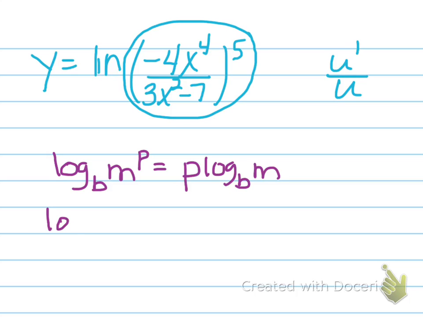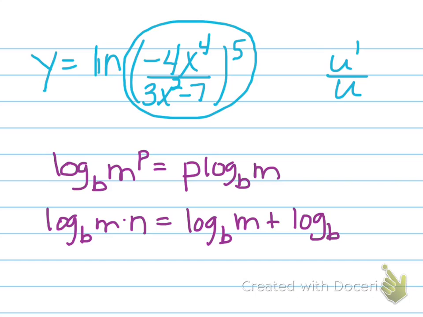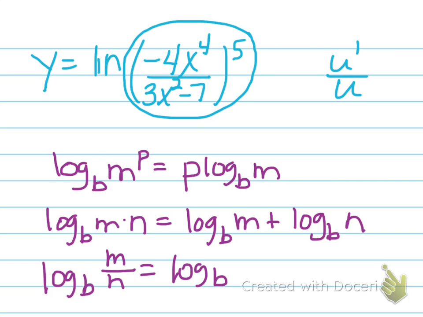And then there was the product rule that said if you had the log of a product, you could split up the product by writing it as a sum. And then there was the quotient rule that said if you had the log of a quotient, you could split it up by using subtraction. So on this one, I would actually use the power and the quotient rules to rewrite this.